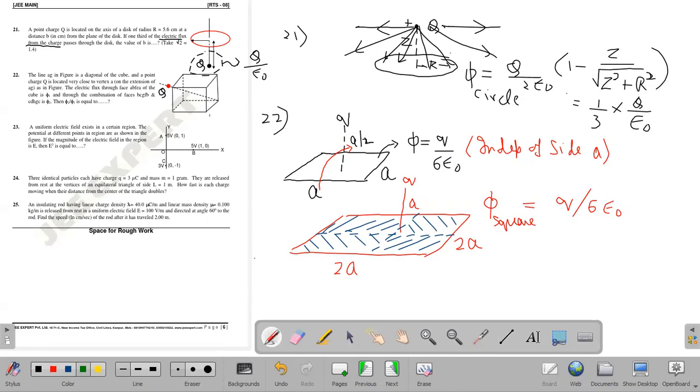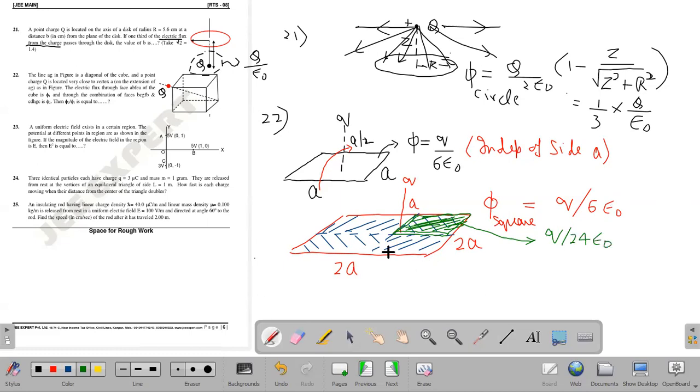So flux for this particular small square, which is 1/4 of the complete square, by symmetrical logic, flux for this 1/4 portion of this big square will be Q upon 24 epsilon 0, 1/4 of this total value.